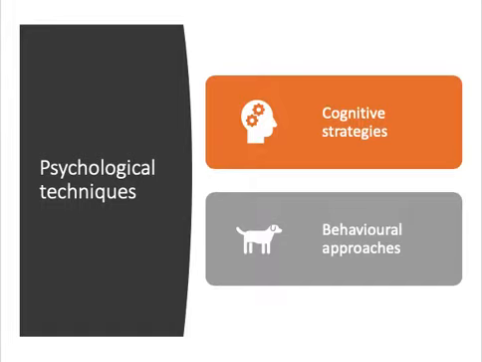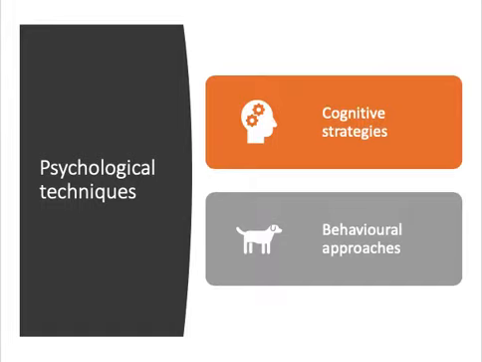Now we are moving on to psychological techniques. Okay, now psychological techniques, there are several methods. One of them is cognitive strategy, so we change the way they think. Another one is behavioral approaches, so we change the way they behave. How do we do this? We use operant conditioning, classical conditioning, things like that.